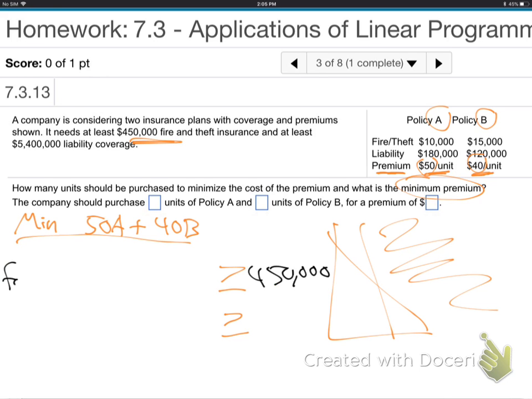This is going to be a fire statement. Oh, fire and theft, I guess. I didn't read the rest of the words. Fire and theft, A and B. 10,000 A plus 15,000 B. Good so far? So that's pretty straightforward.